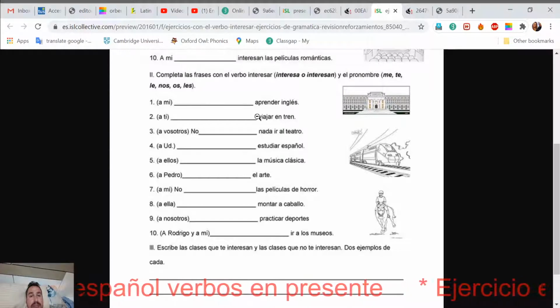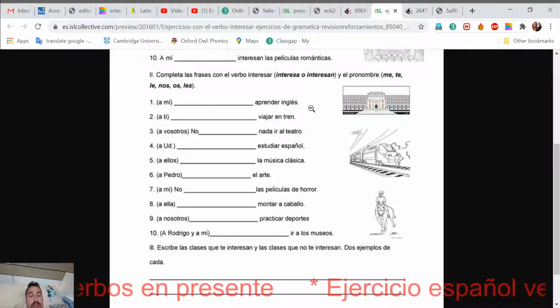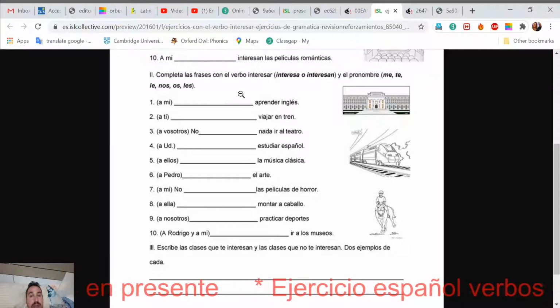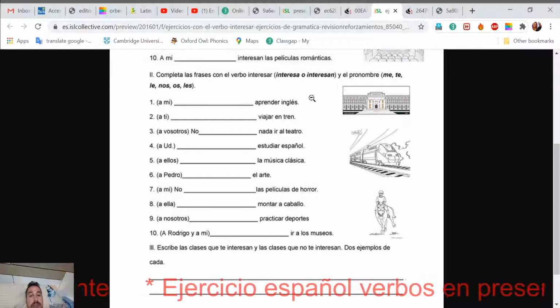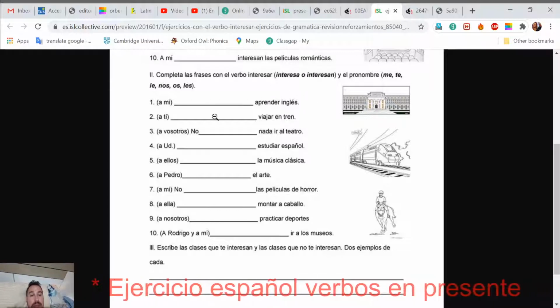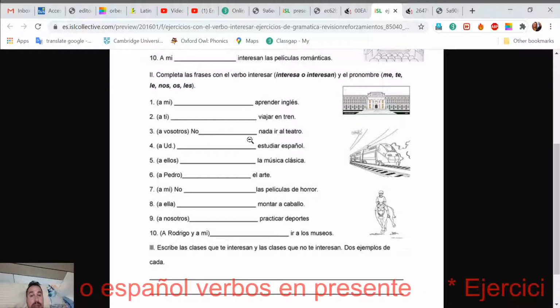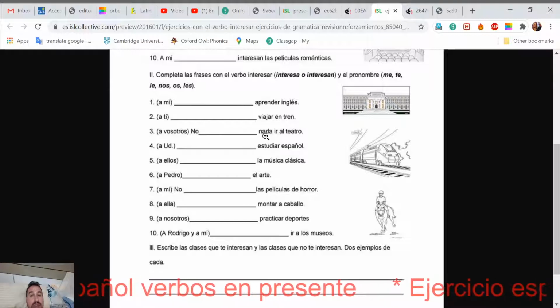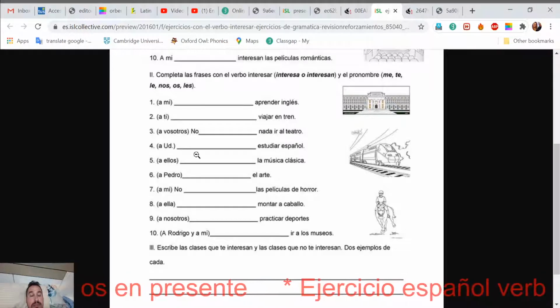By the way, if we happen to have several infinitive verbs, we still use the singular form of the verb, even though you have several verbs afterwards. Alright? 3. No nos interesa nada ir al teatro. So we are not interested at all in going to the theater.